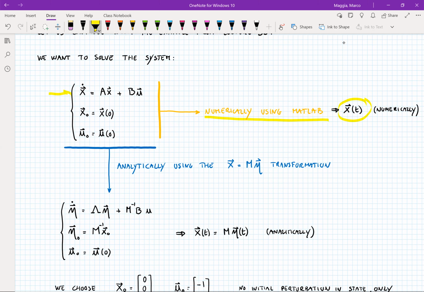Of course, we need some initial conditions in terms of state and in terms of control. And remember that here x and u should actually be delta x and delta u, because those are the perturbations from the trim condition.